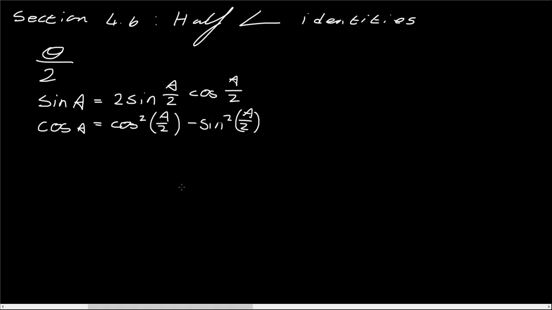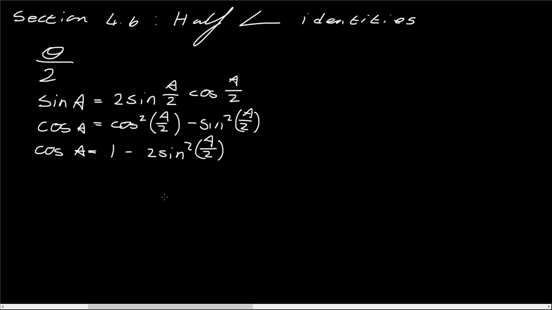I wonder if they're going to give you these in your formula sheet. You should double check, because if not, you're going to have to memorize these, which is going to start becoming quite difficult. And then we've also got this one, cos A equals 1 minus 2 sine squared A over 2.